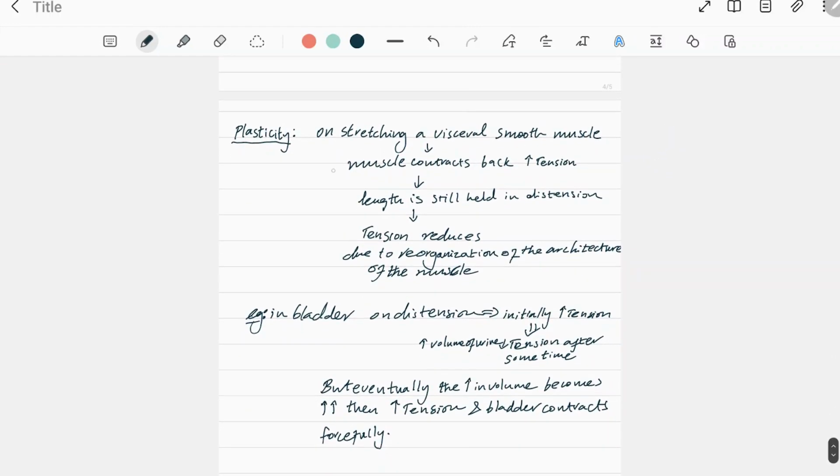Another concept is plasticity. On stretching a visceral smooth muscle, the muscle tries to contract back. It increases tension. So if you take a tubular structure and you try to stretch it out, it will squeeze back. For example, have you ever noticed how laxatives work?